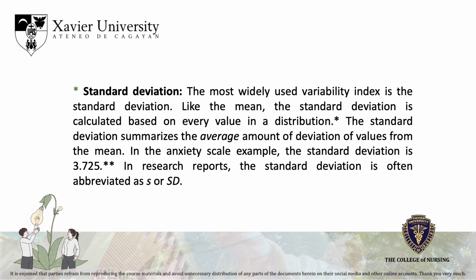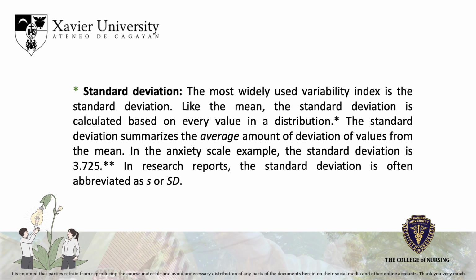Now, a standard deviation is more difficult to interpret than the range. For the standard deviation of the anxiety scores, you might ask, 3.725 what? What does the number mean? We can answer these questions from several angles. First, the standard deviation or SD is an index of how variable scores in a distribution are.